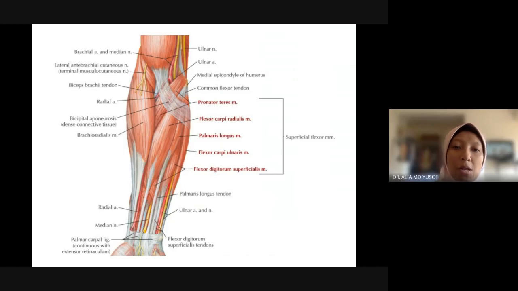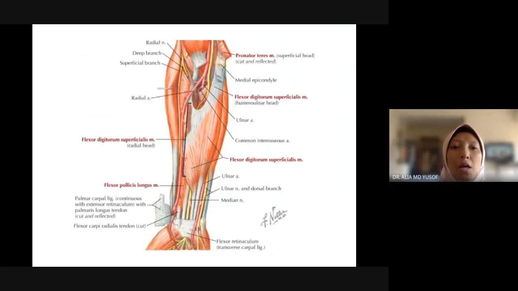Flexor carpi radialis and flexor carpi ulnaris, if they work singularly, they will cause radial deviation and ulnar deviation respectively. In this diagram, you can see how flexor digitorum superficialis is located. It is actually the intermediate layer. It is underneath the palmaris longus and also flexor carpi radialis muscle.